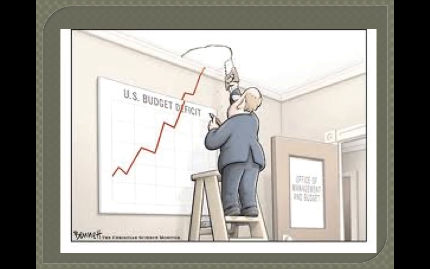However, many governments around the world spend more money than they receive in taxes. When this happens, this is called a budget deficit. As you can see in this cartoon, which is sad but true, for many governments this deficit just keeps getting bigger and bigger, and it can be very problematic.